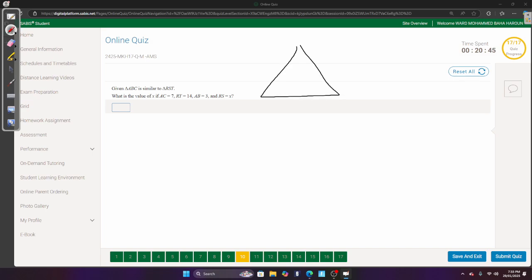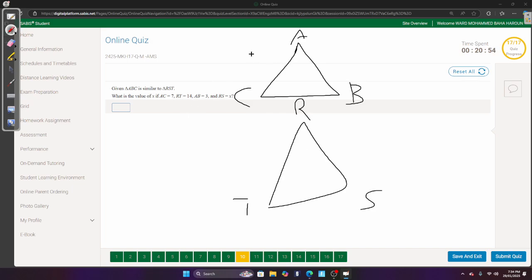Triangle A, B, C, R, S, T. AC, 7. RT, 14. AB, 3. RS, it's 3 as well.